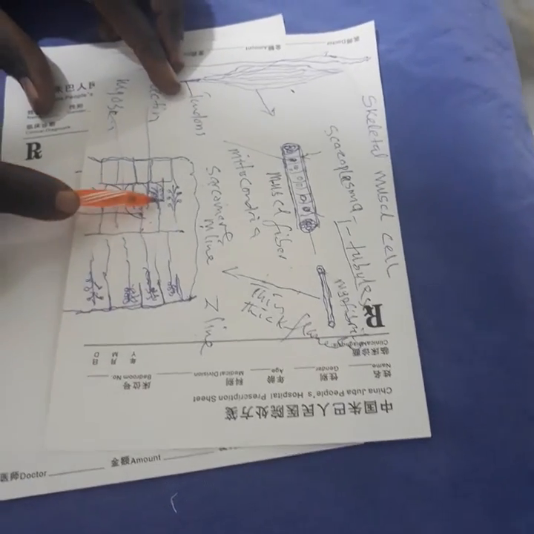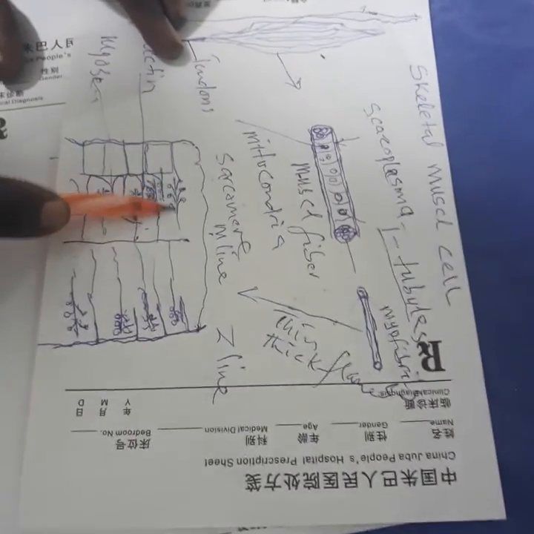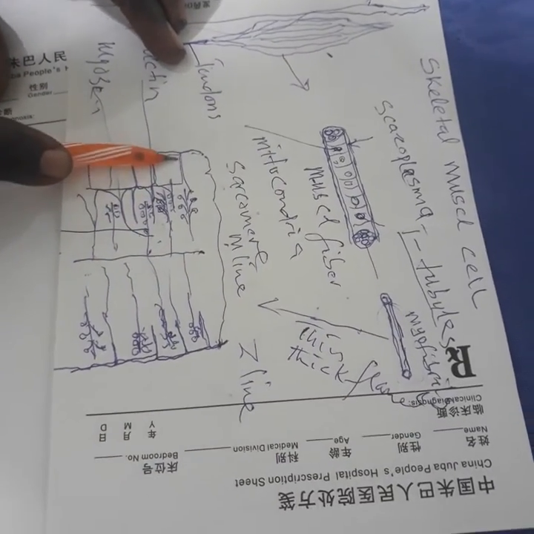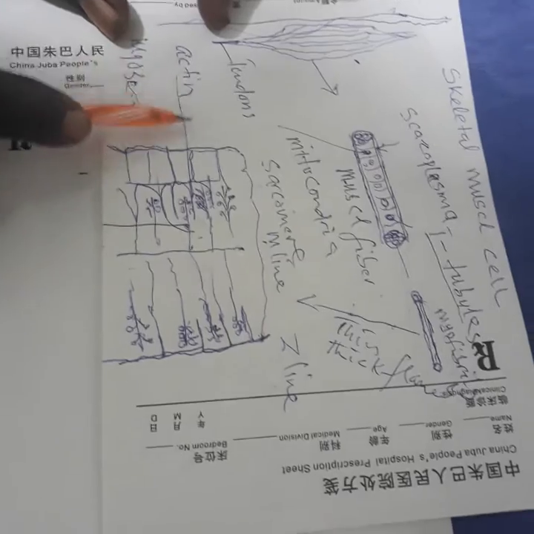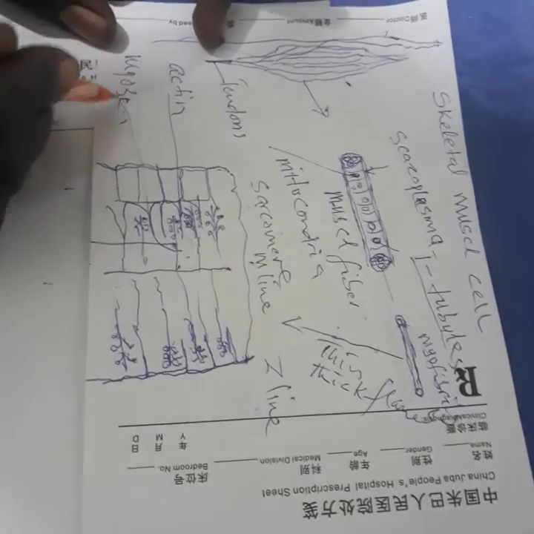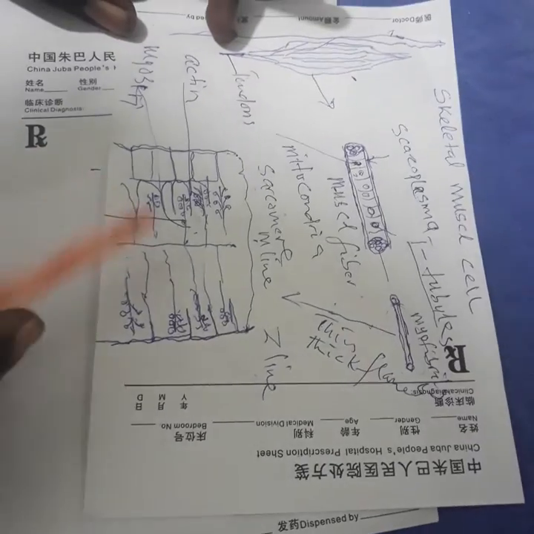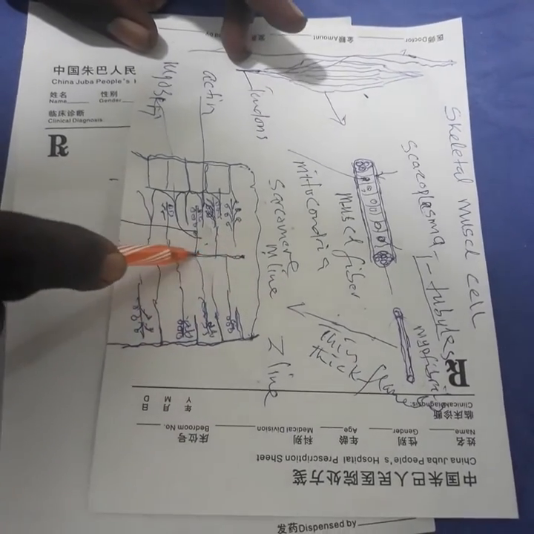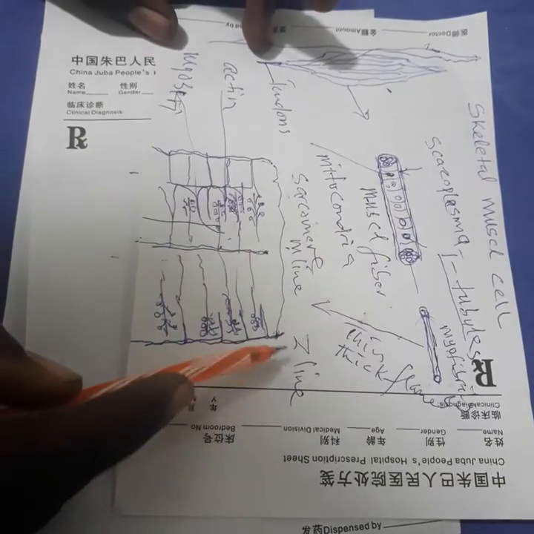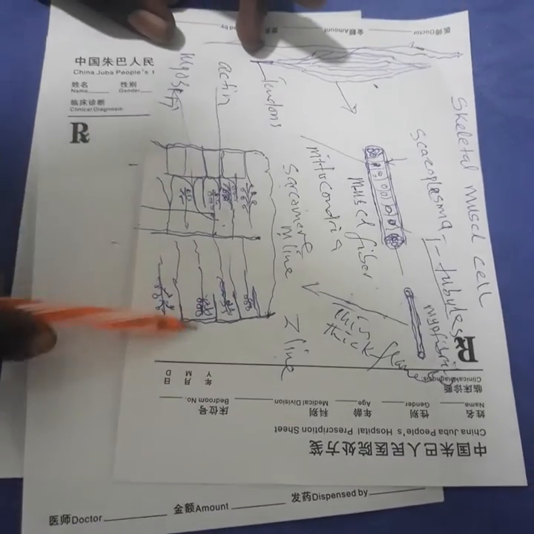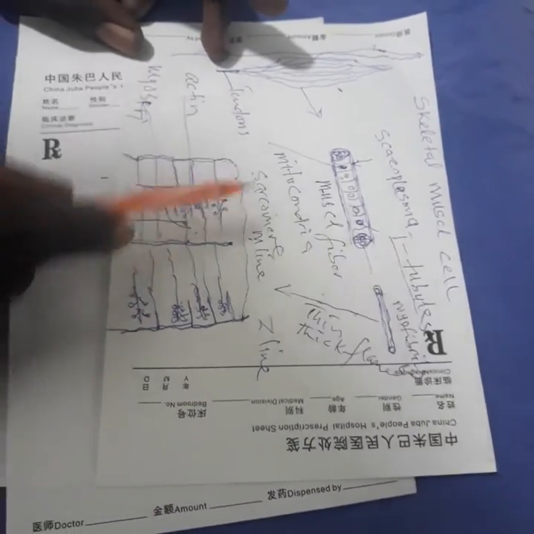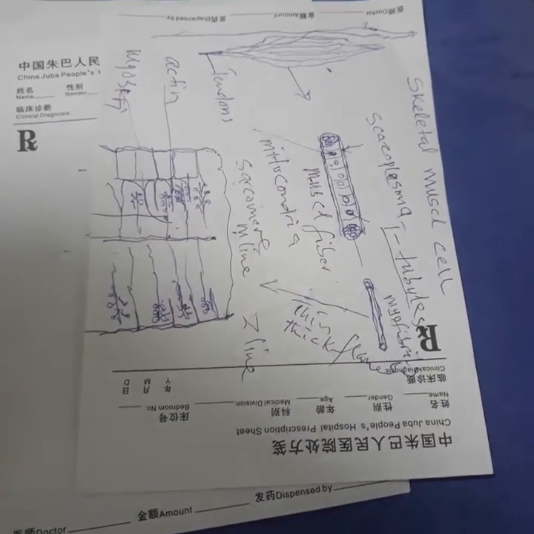When you look here, this is the thick filament, and this one is a thin filament. These are myosin hooks, and these are the actins. And this thick line in between here is called the M line. And this one here is called the Z line. The distance between two adjacent Z lines is called the sarcomere. This is when you are viewing under the microscope.